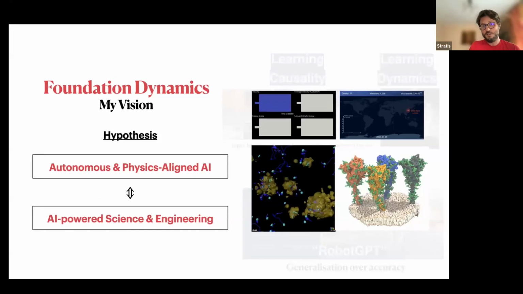I believe that once we have that, or even before that, we can reuse the same findings, the same methodologies, the same ideas for AI-powered science and engineering.